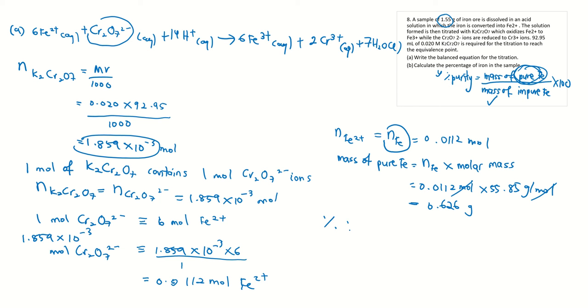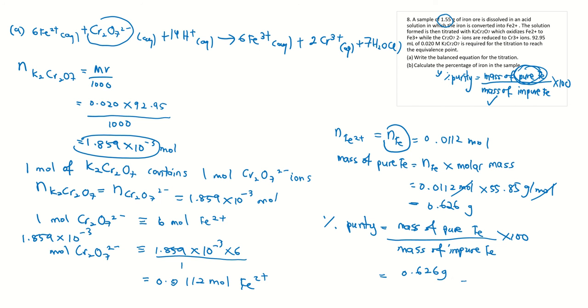Now you can calculate the percentage purity, equal to mass of pure iron over mass of impure iron times 100. That is 0.626 gram over 1.55 gram times 100, so you will get 40.39%. Simple.